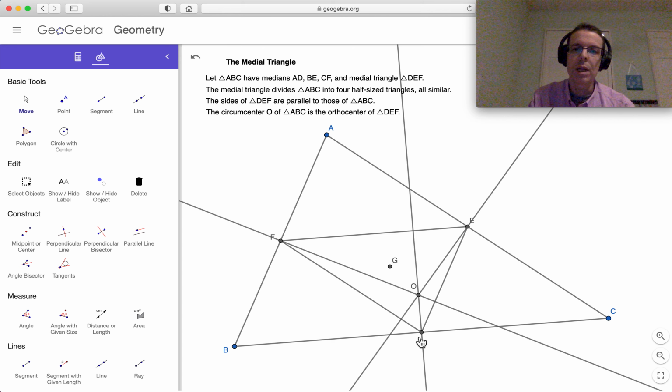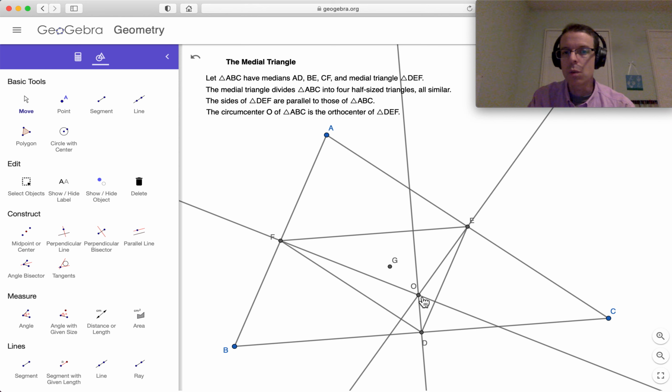And that means that these lines, all of them, play a dual role in this picture. Yes, they are perpendicular bisectors of the segments AB, BC, and CA, but they are also altitudes of this smaller medial triangle DEF.